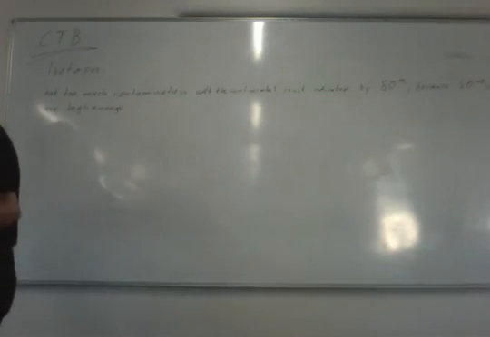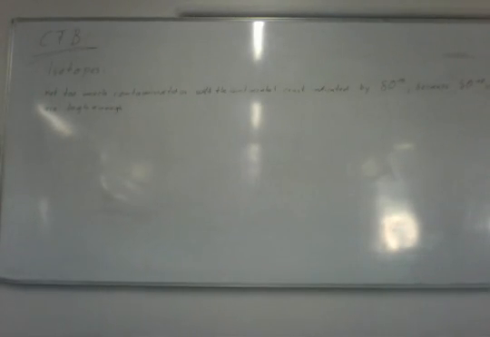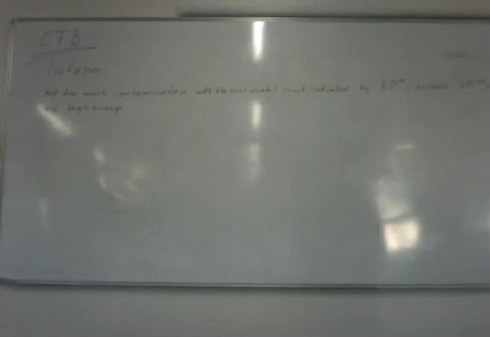Because if you are measuring the delta O18 values from the continental crust, then you are getting higher values compared to those from the Earth's mantle. Yeah?